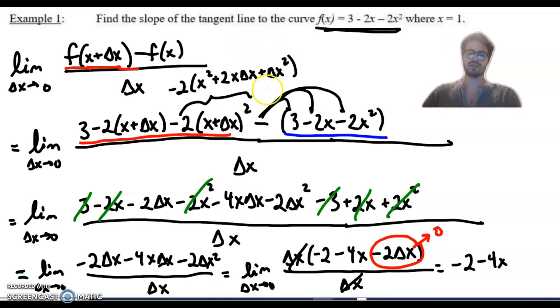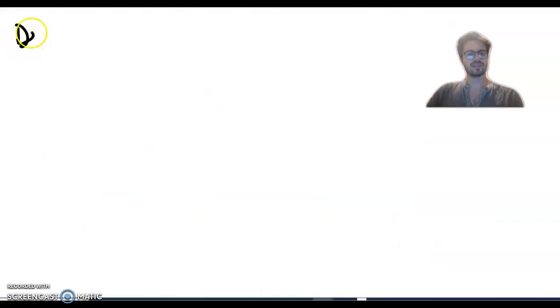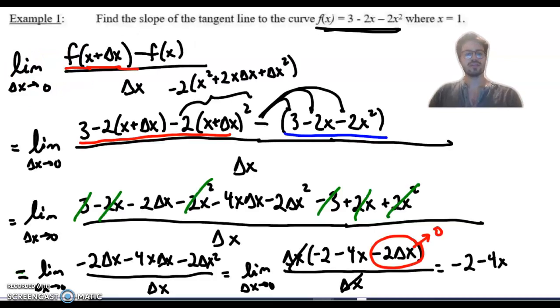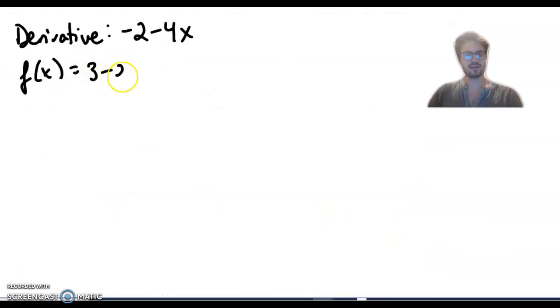So what I'm going to do is I'm going to add a page. So we just found out that the derivative is negative 2 minus 4x. And we knew the function was, just to make sure, 3 minus 2x minus 2x squared.